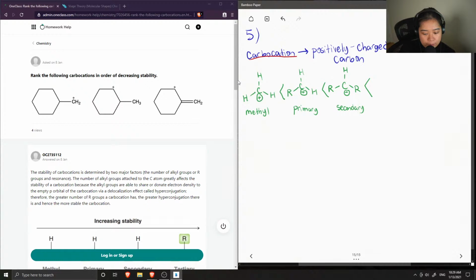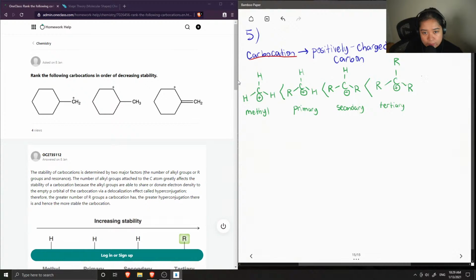And more stable than that is a tertiary carbocation. So it's more stabilized since it is bonded with the other carbon groups.